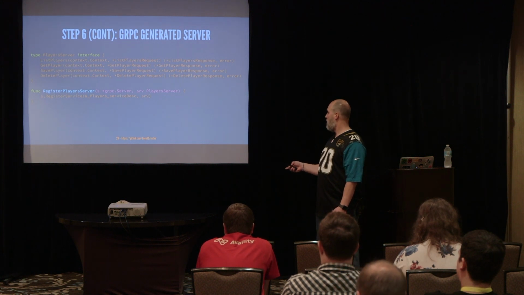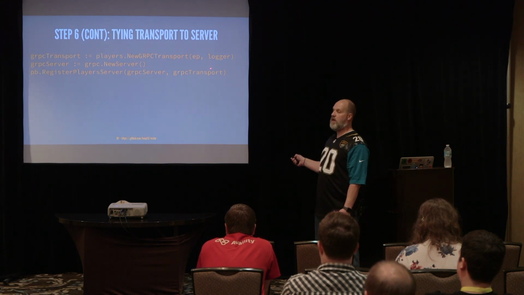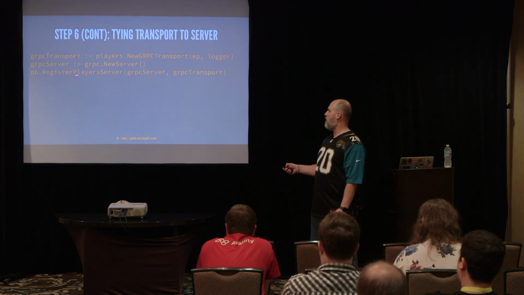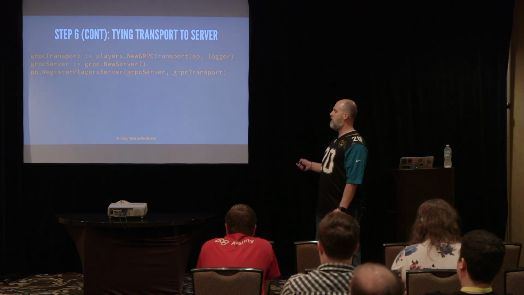And what does that look like? We create our new gRPC transport layer, passing in all of our endpoints and a logger. We create one of those servers that was generated for us, and then we call that register player server, passing in the server and our transport structure.